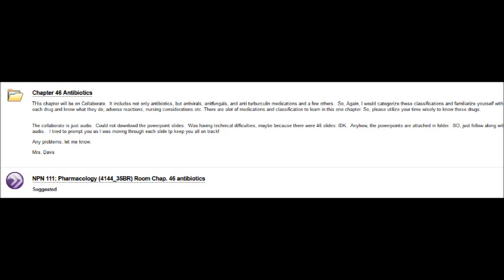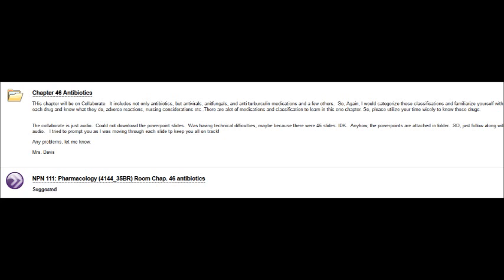So let's talk about next your anti-tuberculin agents. These are the common ones you use to treat TB. The first class is ethambutol. The action is to alter cellular RNA synthesis and phosphate metabolism.